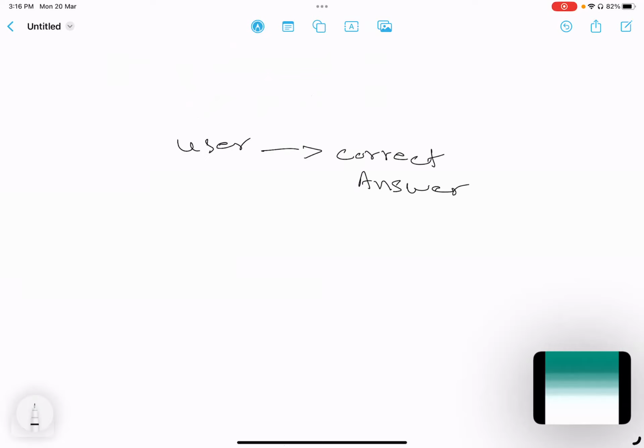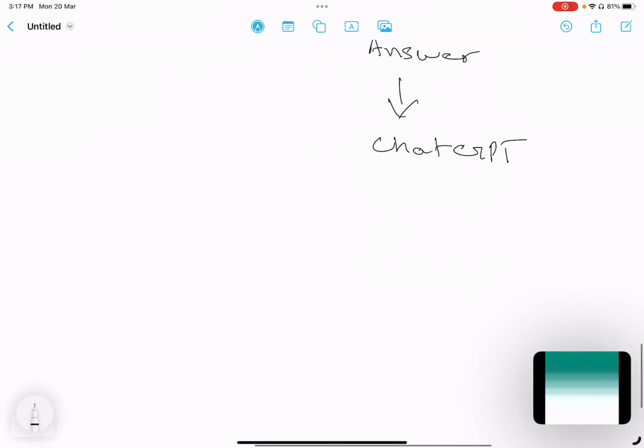Based on the correct answer, it may be wrong, but based on this behavior, ChatGPT will update and recompute its weights based on the new feedback taken from the user. So this is all the working behind the ChatGPT that we have.